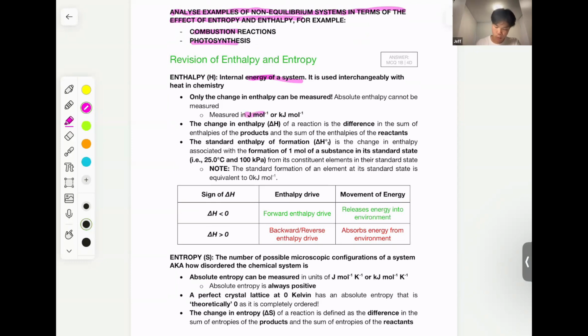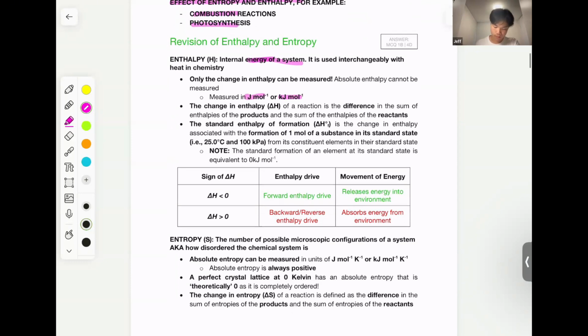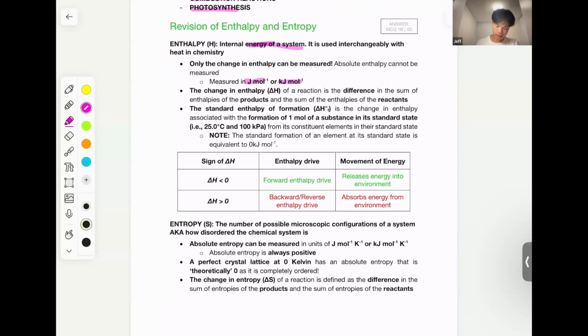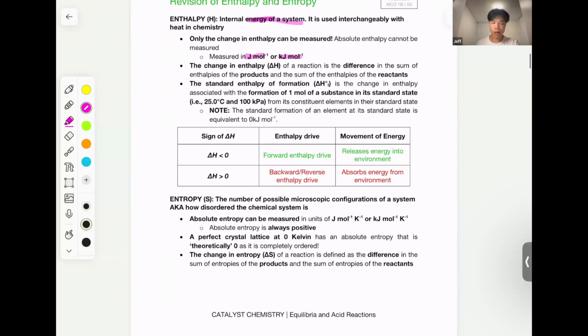We measure it in terms of joules per mole or kilojoules per mole. And we can talk about reactions in terms of the enthalpy drive, which is telling you for a particular enthalpy, is the reaction becoming more spontaneous or less spontaneous? We'll link that to Gibbs' equation in a second.